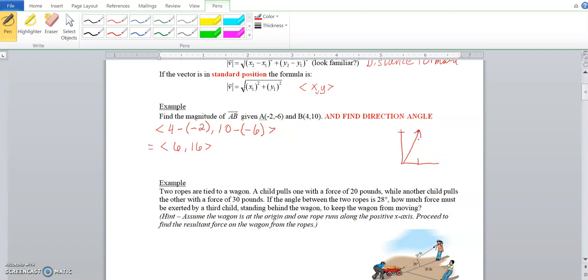So that's our vector. We want to know the magnitude. If we know that this side is 6 and this side is 16, we want to know what the resulting magnitude of AB is.